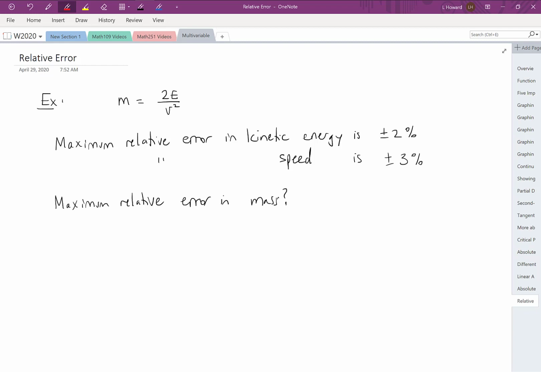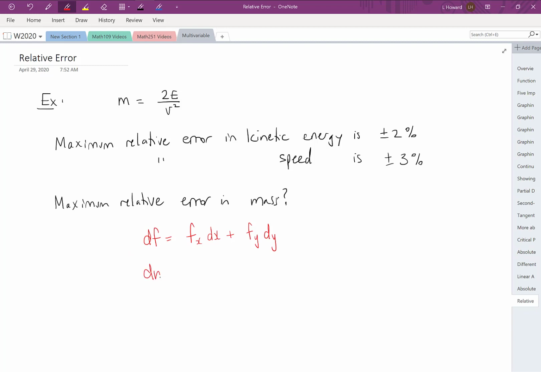All right, so this is all about differentials. Let's flash back to the differential of a function f, df. If f depends on x and y, then df would be f sub x times dx plus f sub y times dy. Now in this case, the function that we're interested in is mass.